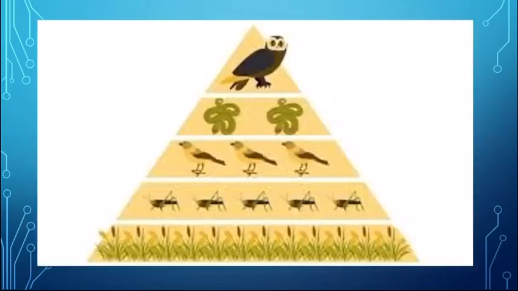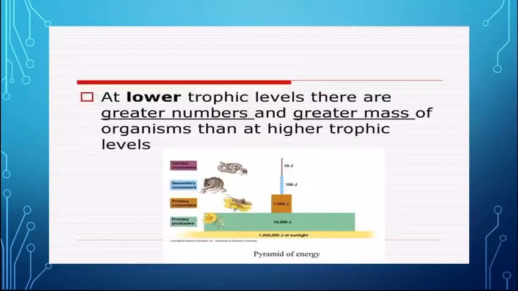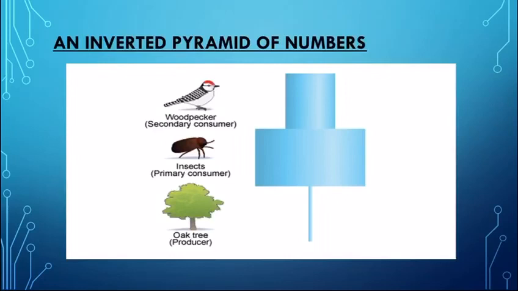This picture shows that producers, that is plants, are more in number as well as in mass than the quaternary consumer, the owl. It means the lower trophic level has greater number and mass of organisms.